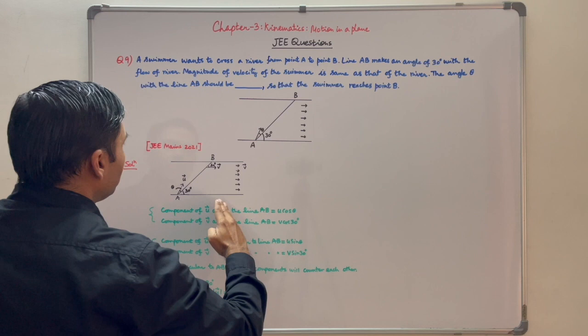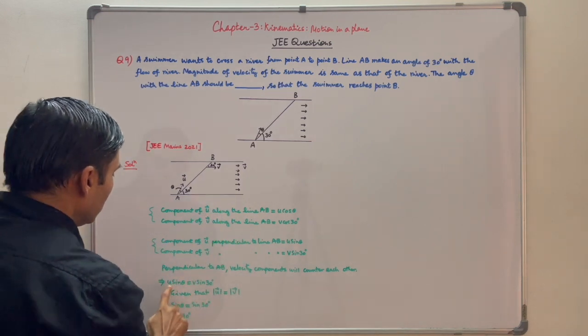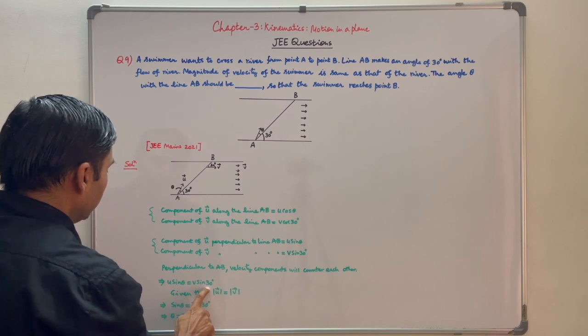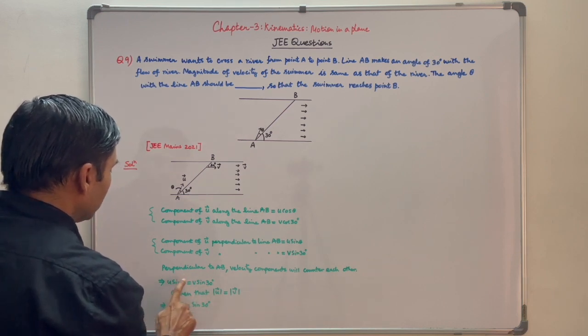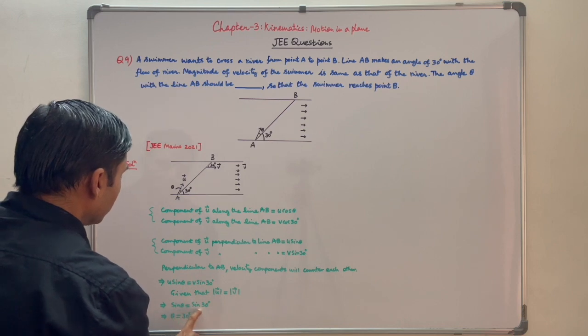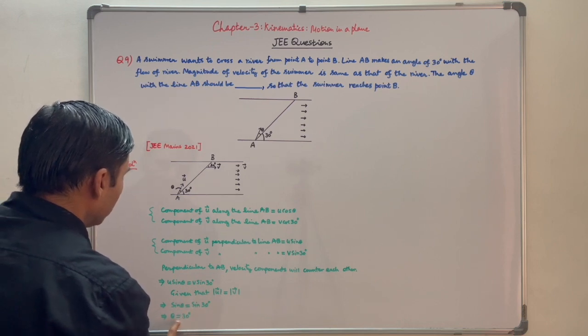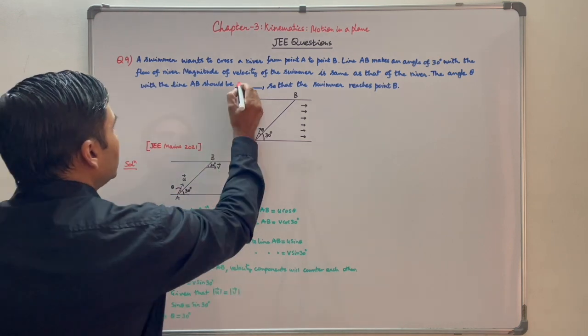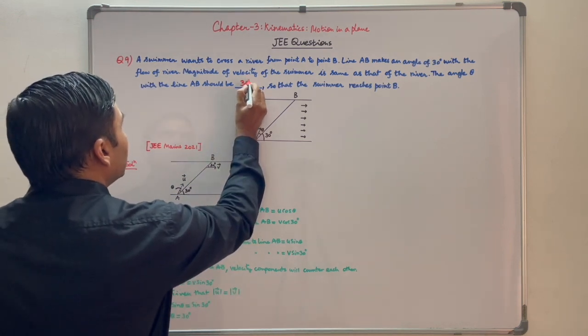So we will equate perpendicular components. So U sin theta is equal to V sin 30 degrees. It is given that magnitude of U is equal to magnitude of V. So sin theta is equal to sin 30 degrees, or theta is equal to 30 degrees. So the answer is theta should be 30 degrees.